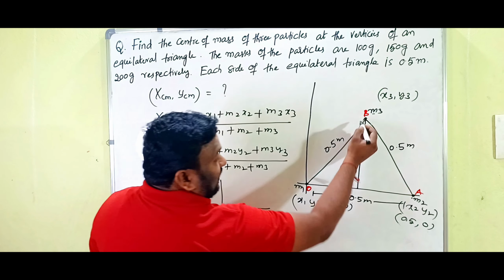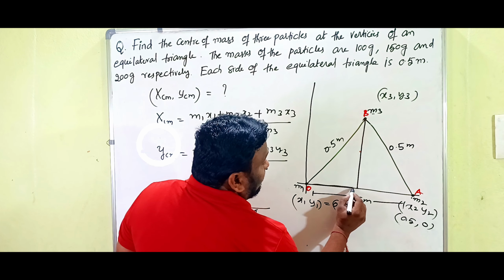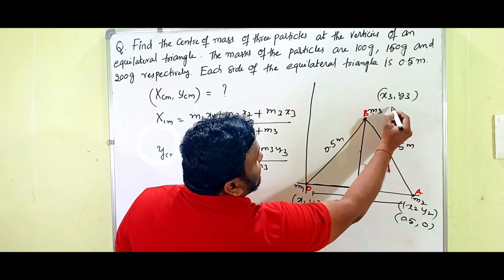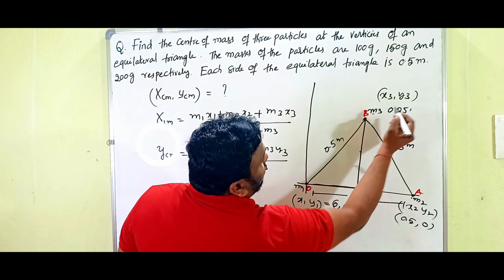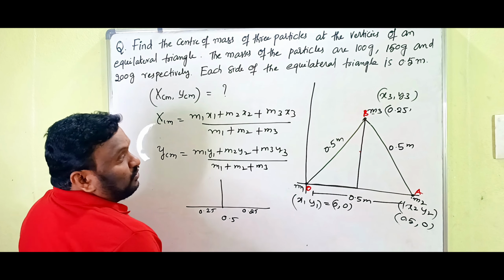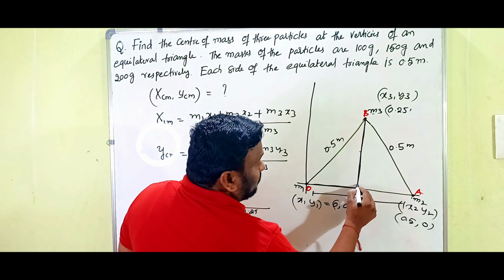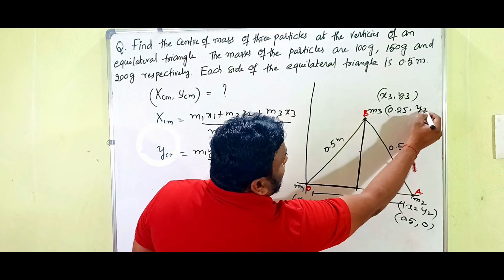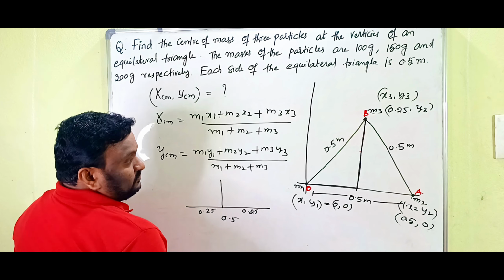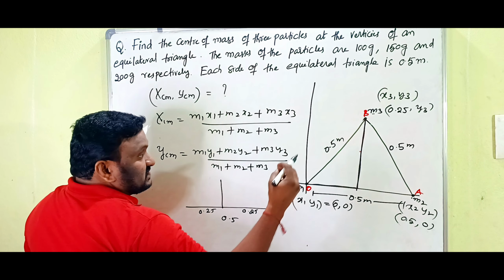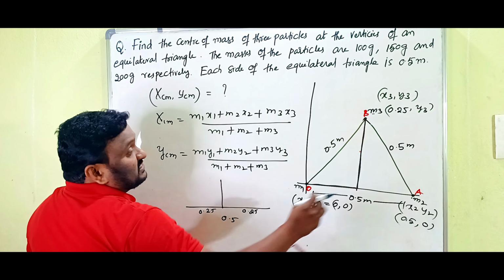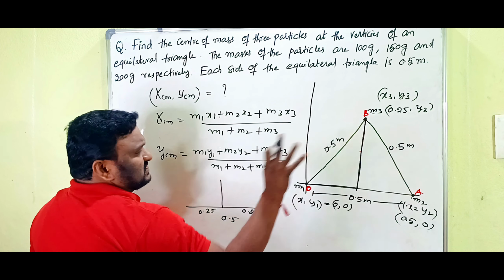That's why for m3, the x3 value is 0.25. And now this is the y3 value. So how can we find y3? For that, there is one general approach. It is very simple, let us discuss.